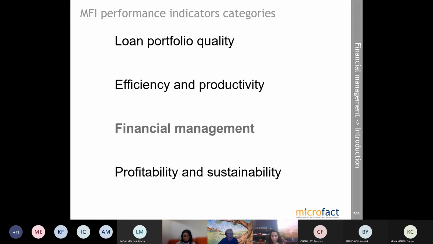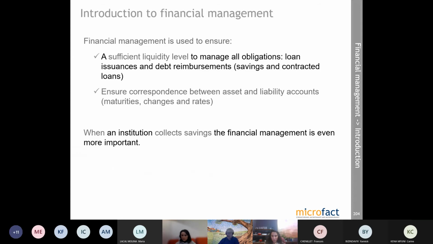So that's the third group of indicators. This is a purely back office activity. Here, your management has to play its role. It's all to do with making sure that there is a sufficient liquidity level to manage all obligations, loan insurances and debt reimbursements, ensuring also the correspondence between the asset and liability accounts, taking into account the maturity, the changes, the rates, especially when you are working with foreign currency exchange and everything.